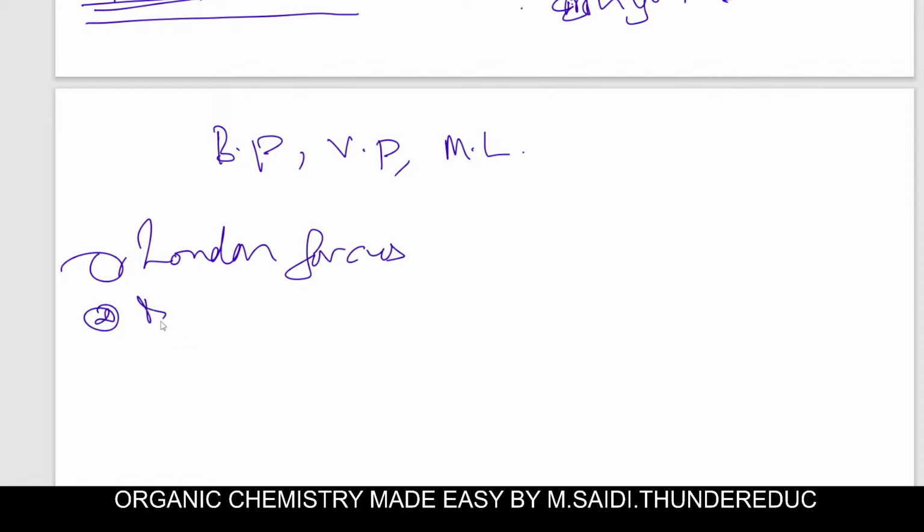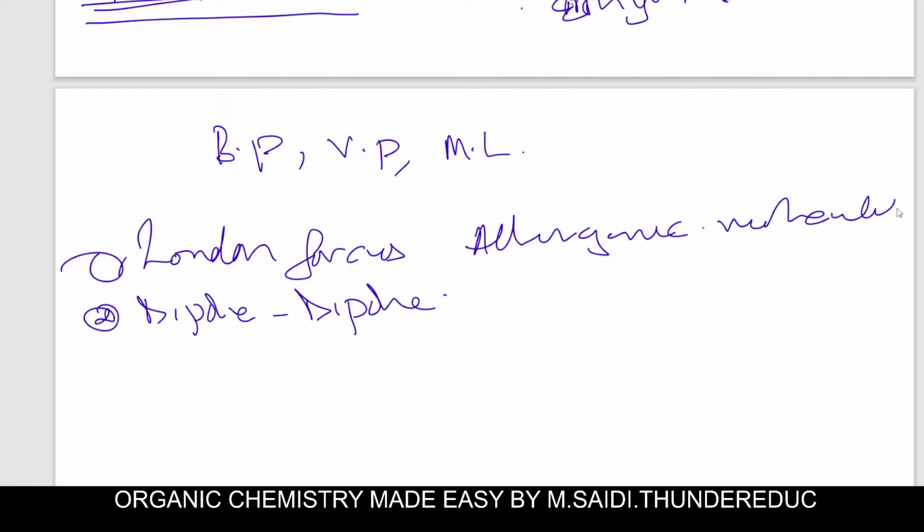Number two, you need to know what are called dipole forces. Where does this one occur? Dipole forces only occur on atoms which are electronegative.